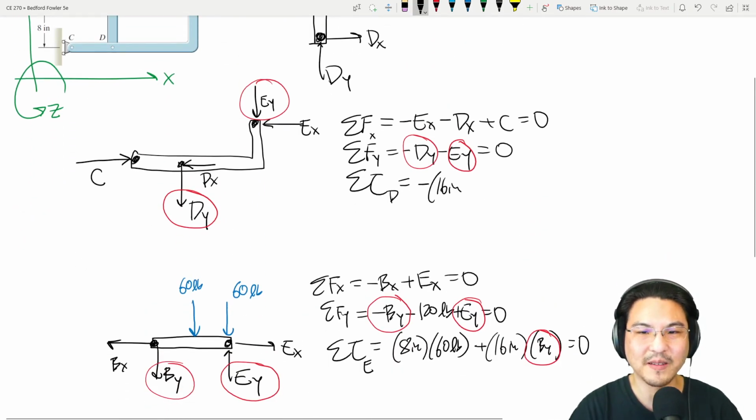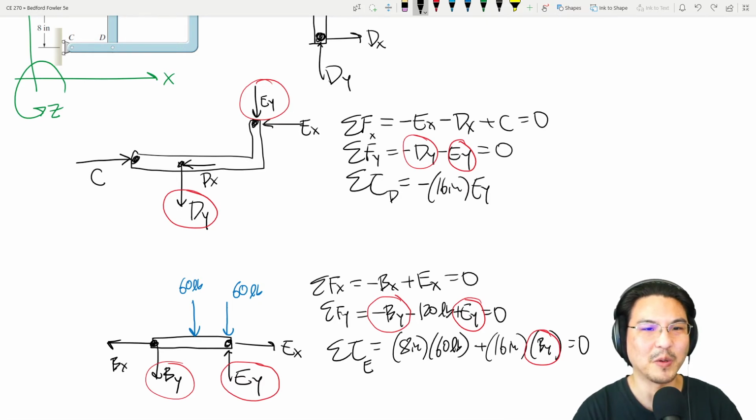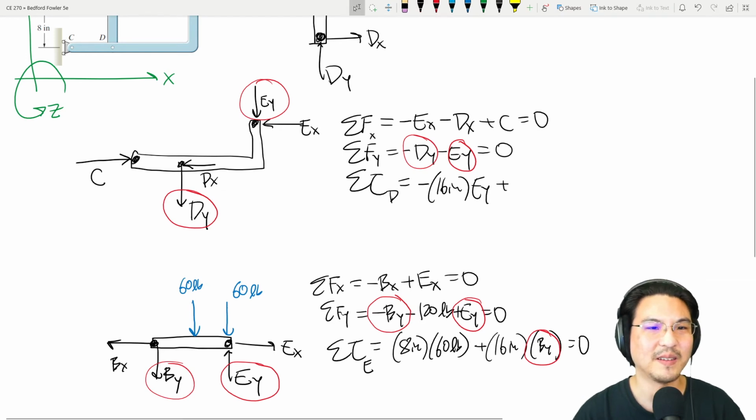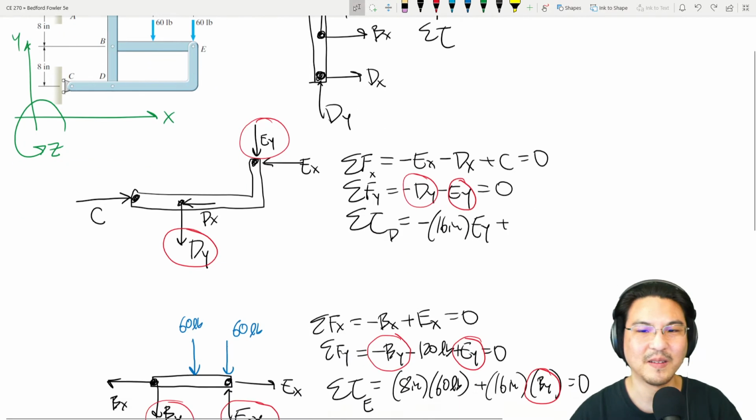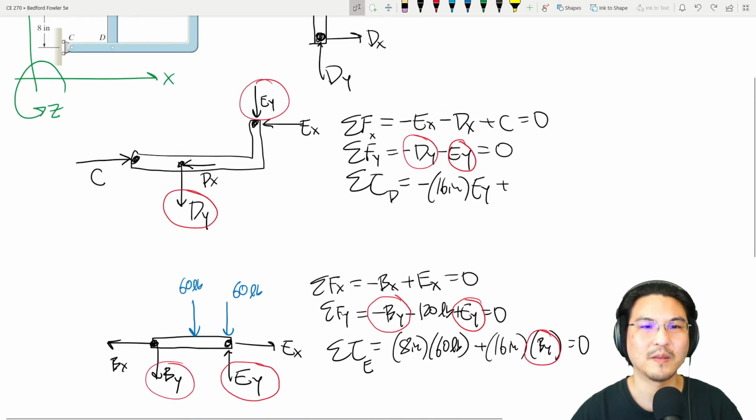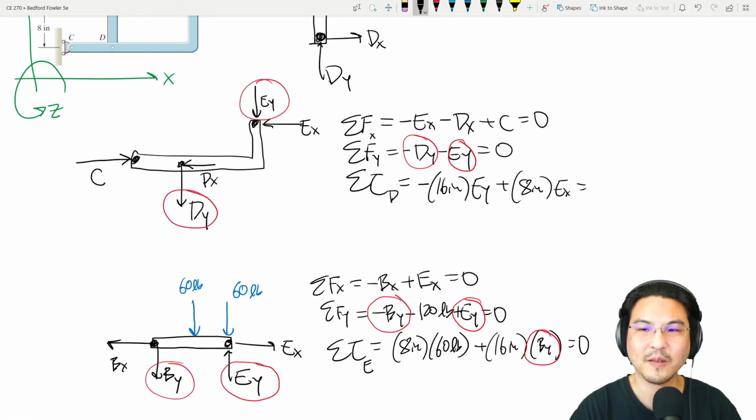Negative 16 EY. And then there's torque from EX, which will go in the positive z direction, so plus. And how far is that? 8 inches. So plus 8 EX. Okay, and then again, we already know EY. So take a look. There's only one unknown, EX, so solve for that.